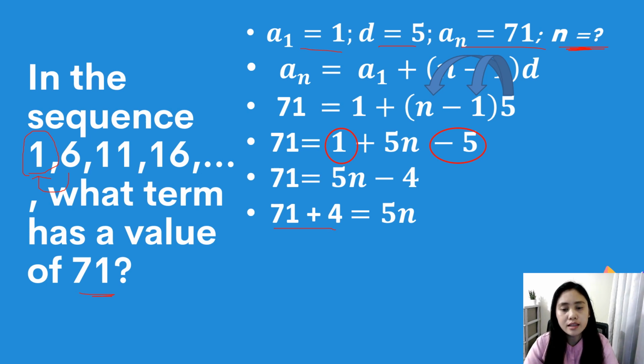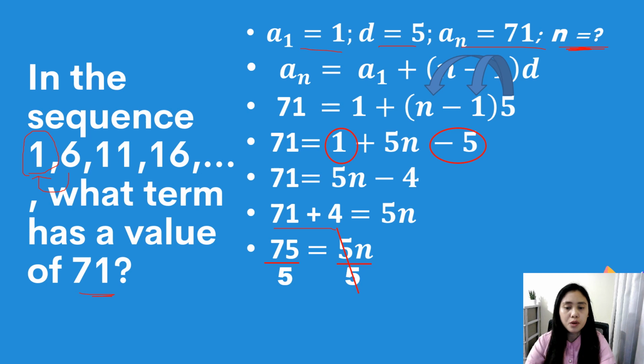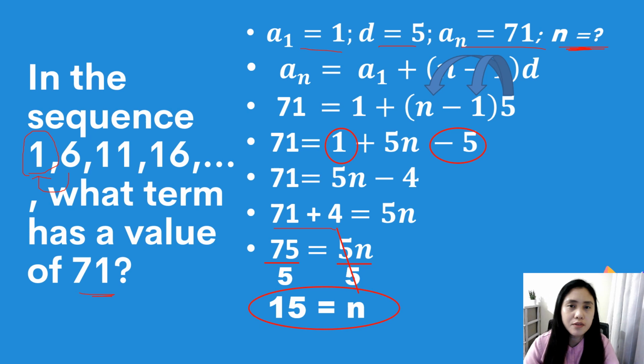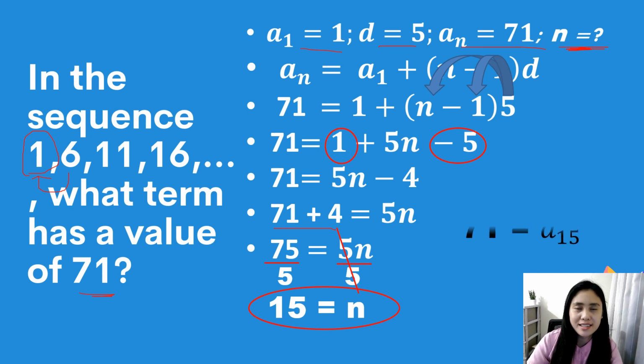Then, add 71 and 4. What we'll get is 75 equals 5n. The next step is to divide both sides by 5. So, dividing both sides by 5, we will have n equals 15. That's it. It means 71 is the 15th term of the given arithmetic sequence.